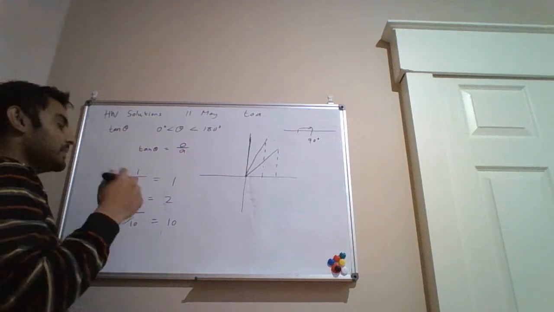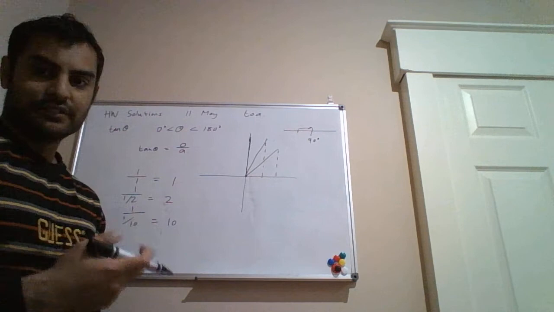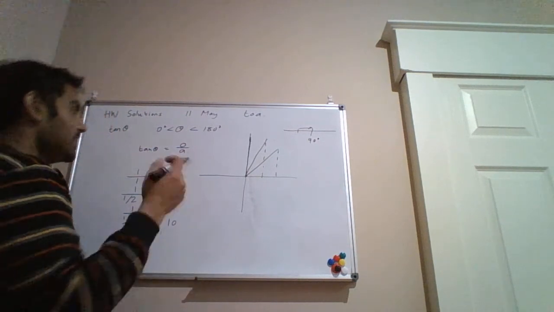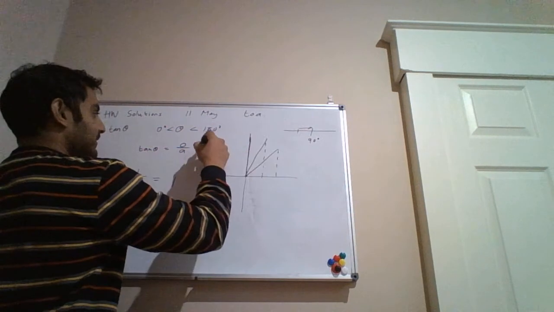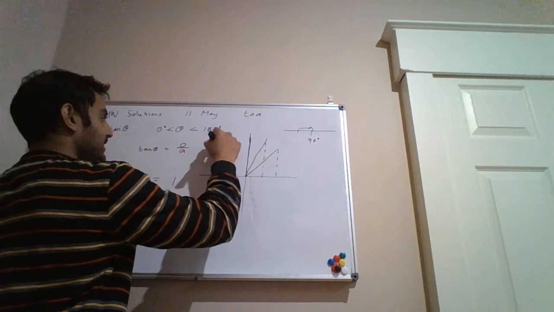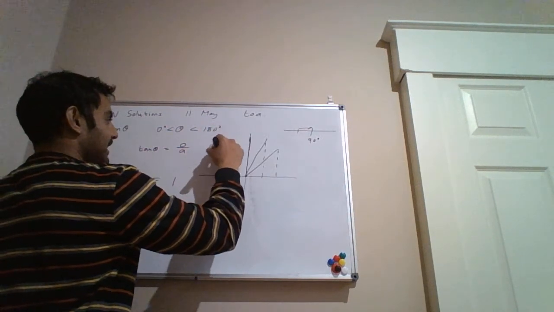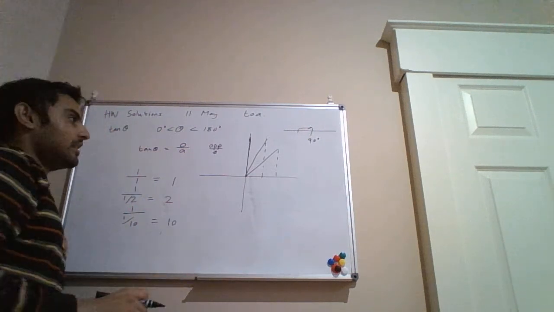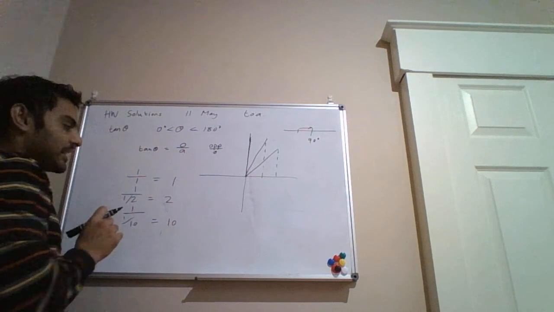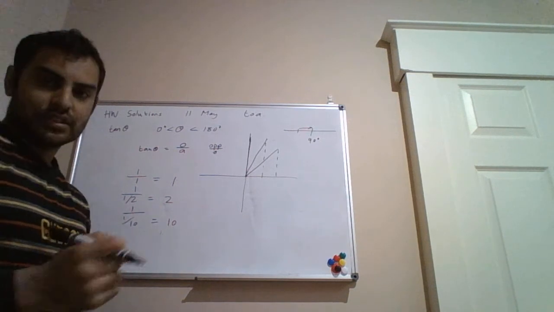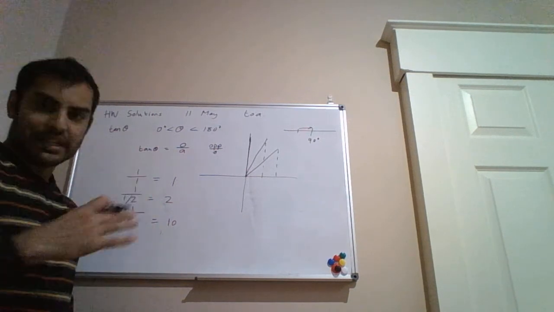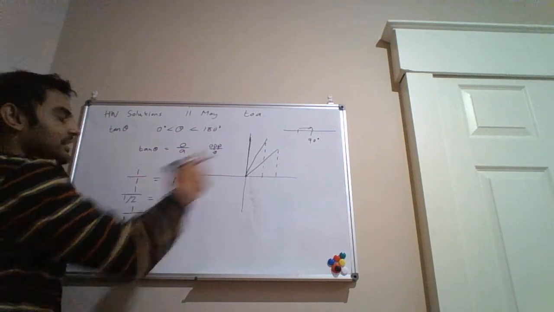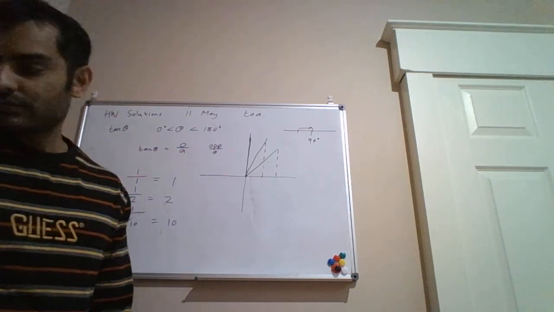So we can't have tan of 90. If you put that in your calculator, you'll get undefined, because at tan of 90, our adjacent is 0. So we would have opposite divided by 0, which is undefined. Our value gets bigger and bigger, similar to how the value gets bigger and bigger in the hyperbola, and it never quite reaches 90 degrees.